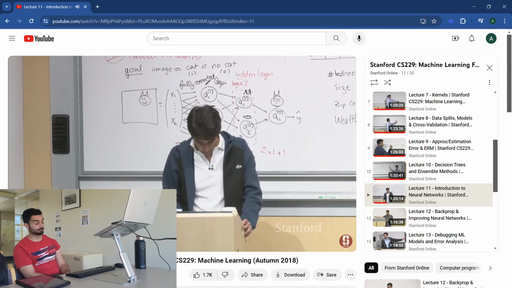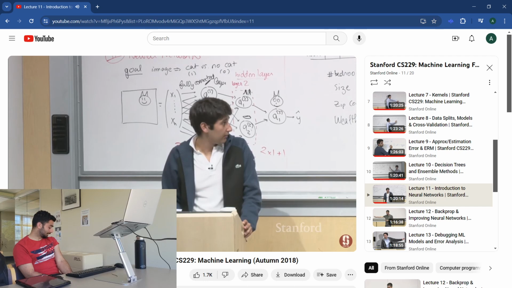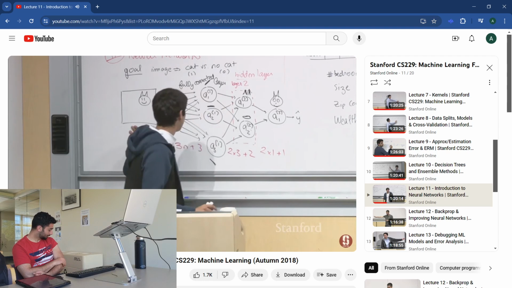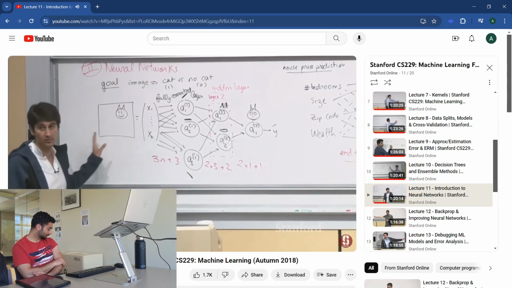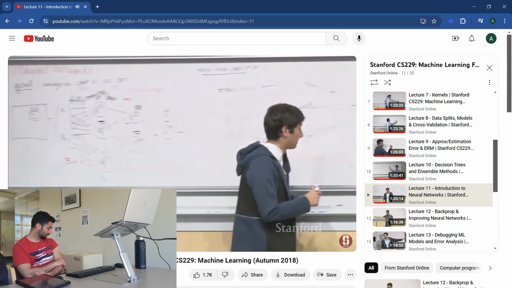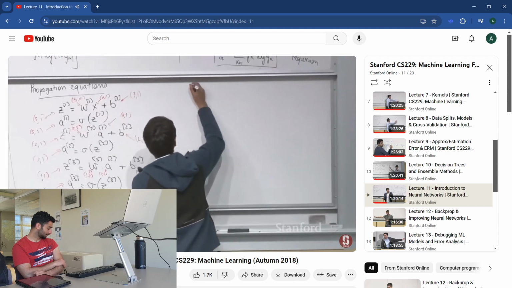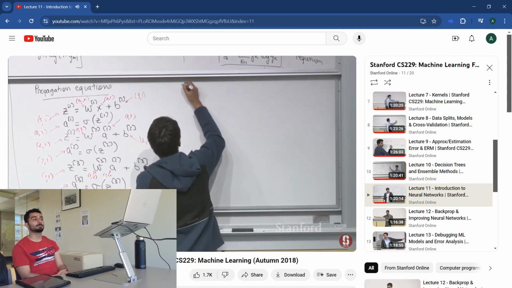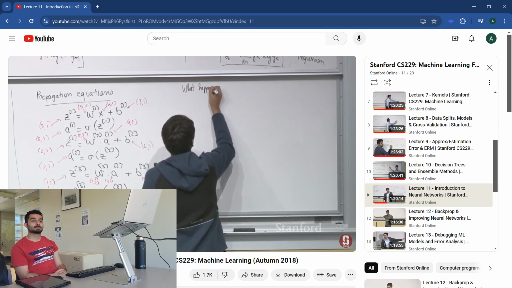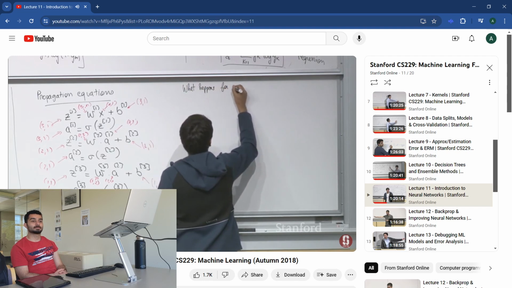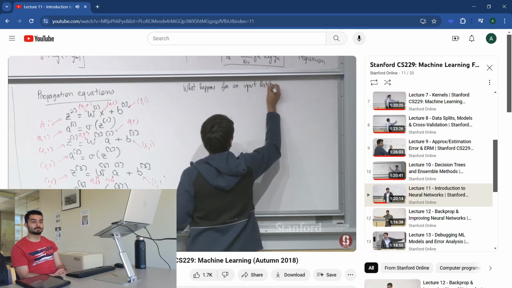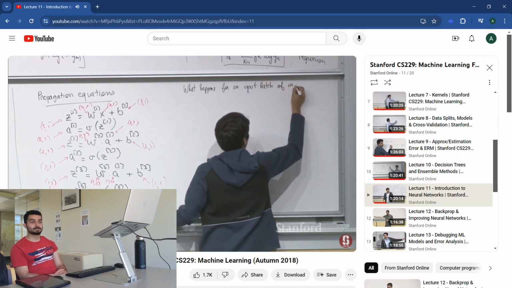So what we're trying to do now is to write down these equations if, instead of giving one single cat image, we had given a bunch of images that either have a cat or not a cat. So now, what happens for an input batch of M examples?